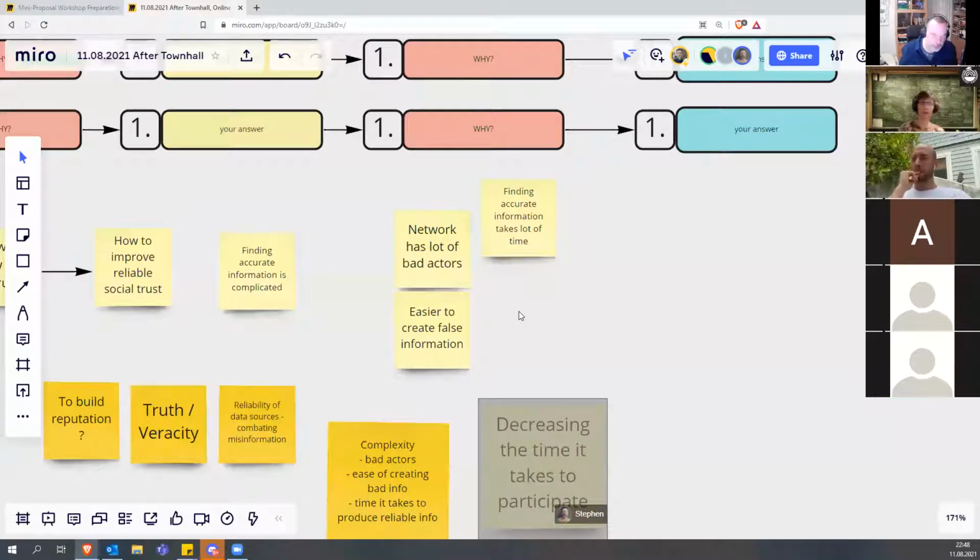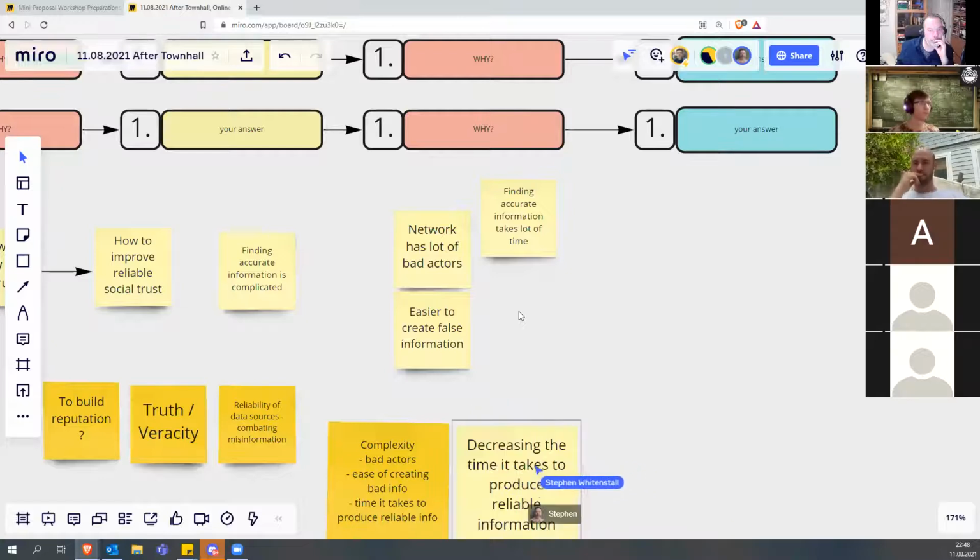When somebody goes to IdeaScale, this is the first thing they read. If they agree with that, they continue reading. If they don't, they flip to the next proposal. Yeah, it's a good hook.